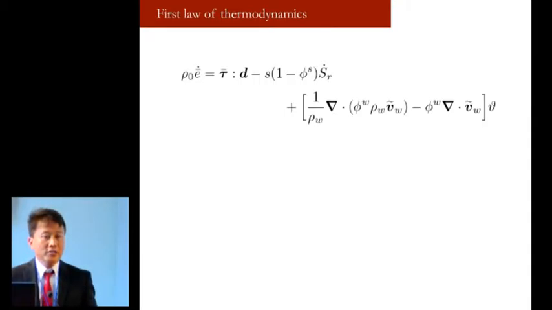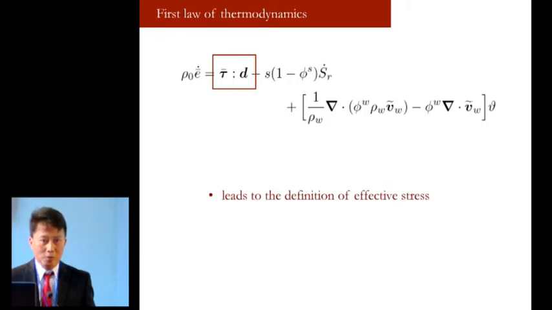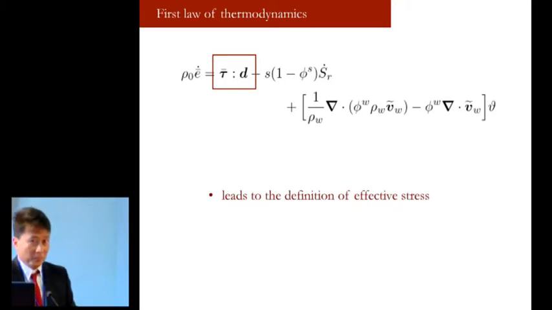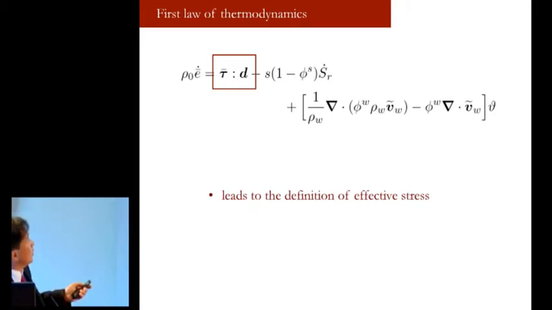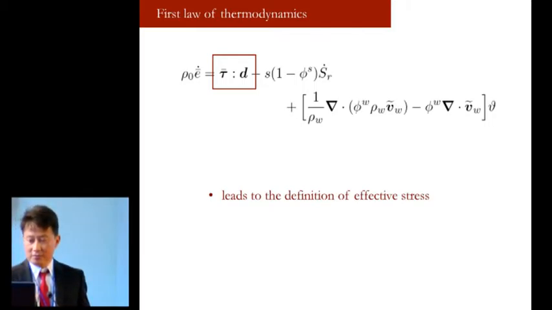Now we go to the first law of thermodynamics, and this actually will assist us in identifying expressions for the conjugate variables. For example, the first quantity appearing on the right-hand side of the expression for the rate of change of internal energy shows us the conjugate relation between the effective Cauchy stress tensor or Kirchhoff stress tensor and the rate of deformation for the solid. And that leads to the definition of the effective stress.